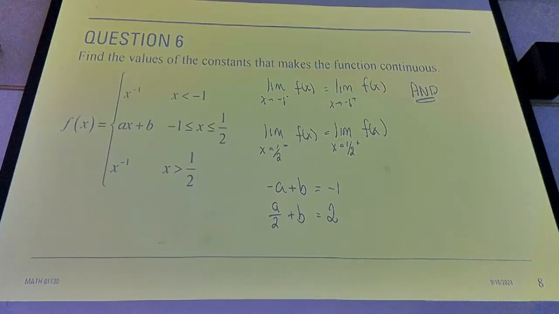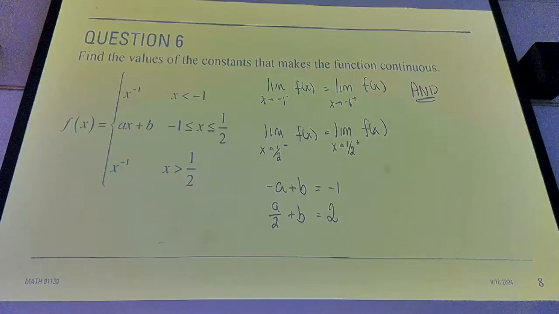So it doesn't matter which equation you multiply by. Let's just multiply the first equation by -1 to keep the a's positive. So you get a minus b equals 1. Add that to a over 2 plus b equals 2.